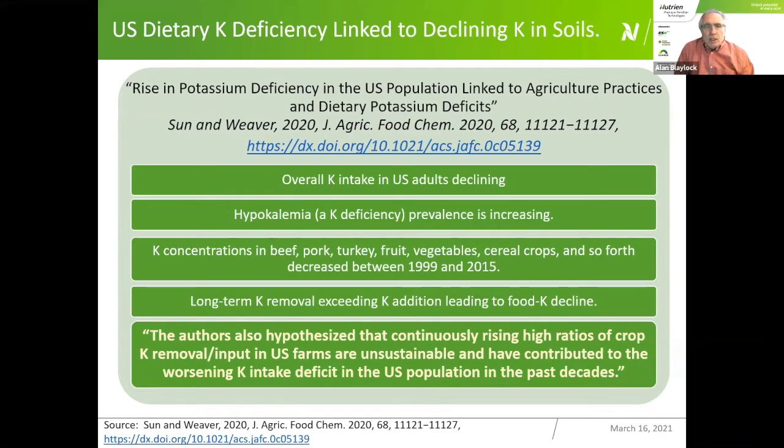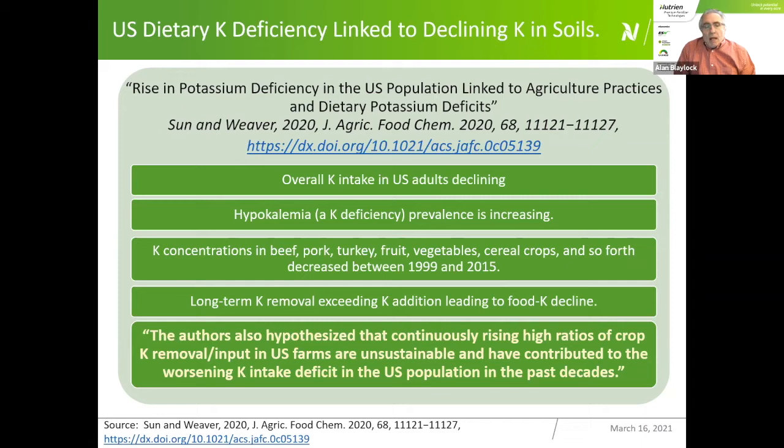But some of the key findings. Overall potassium intake in U.S. adults is declining and has been declining for some time. A potassium deficiency called hypokalemia is increasing in frequency. The authors observed that hypokalemia, based on blood serum potassium levels, has been on the rise.